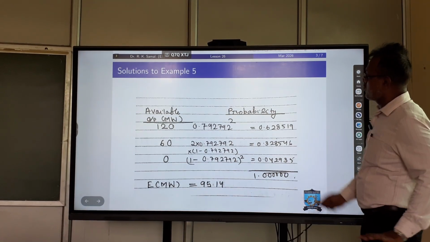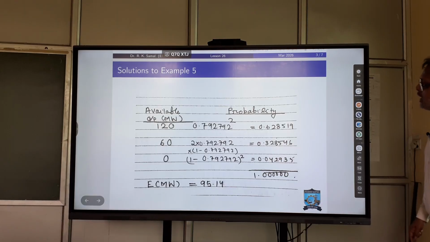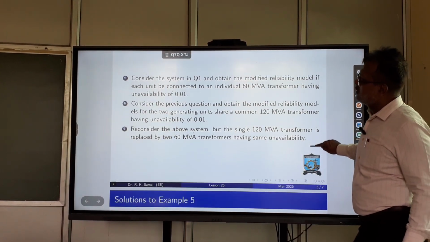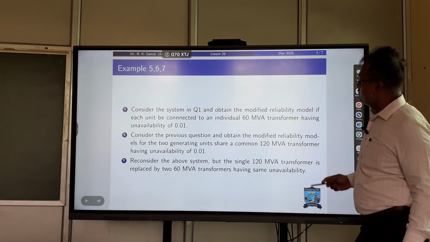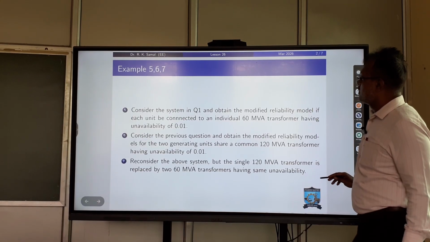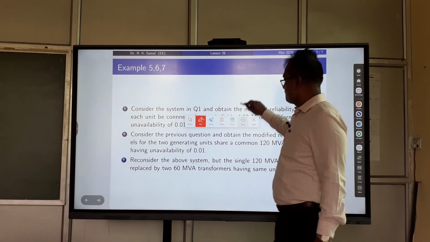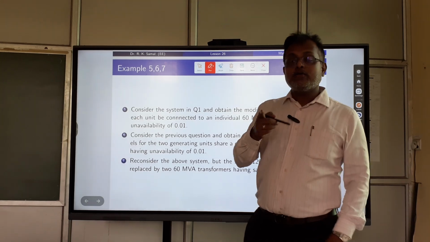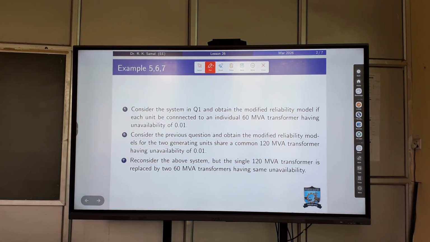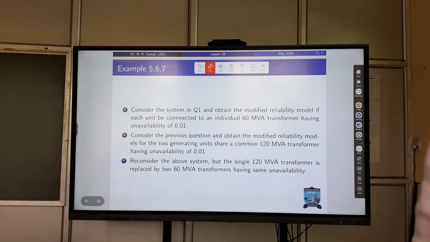Now, what was the probability for output of 120 megawatt?